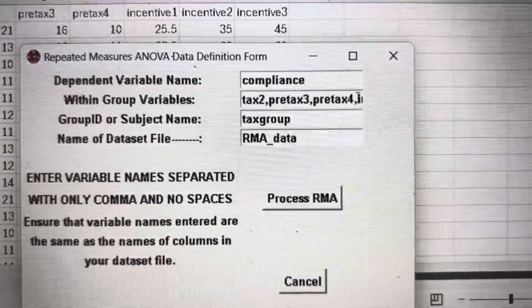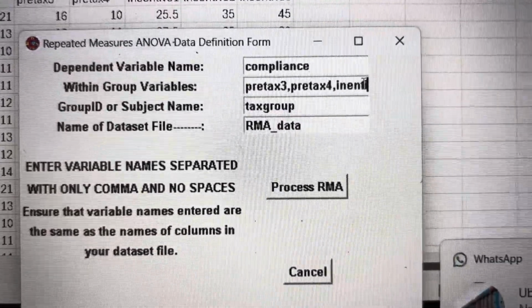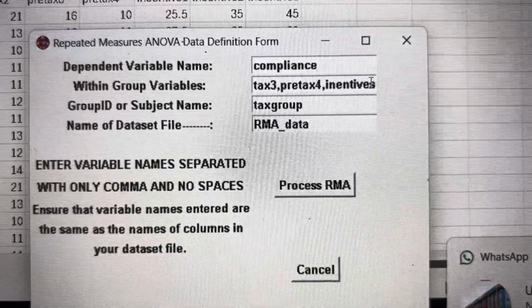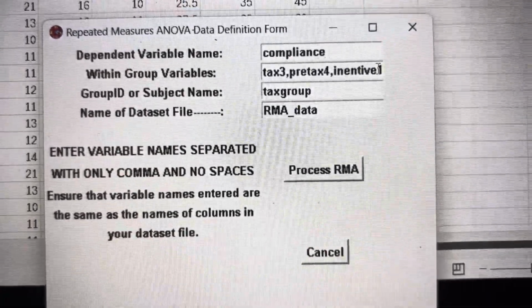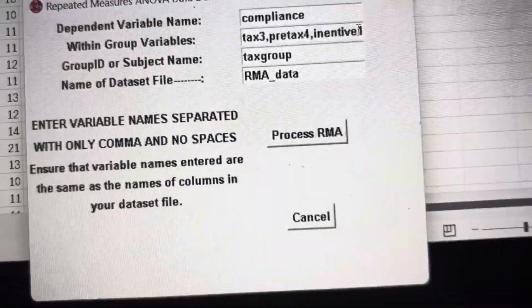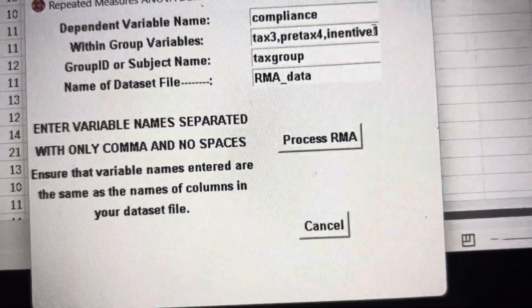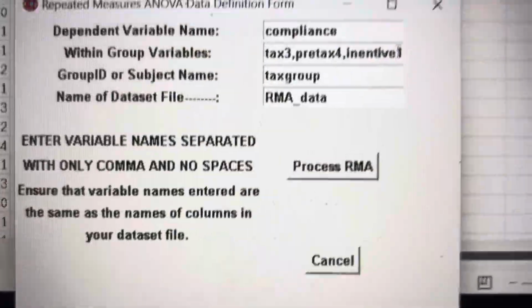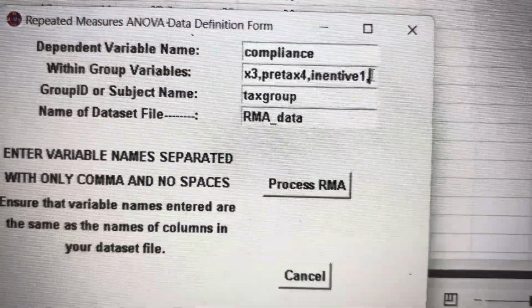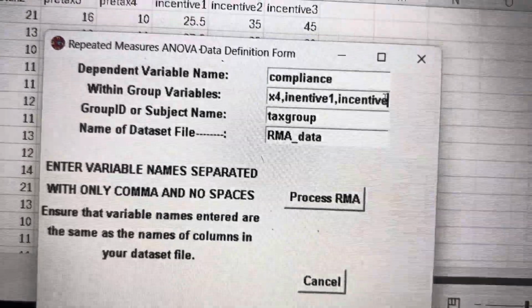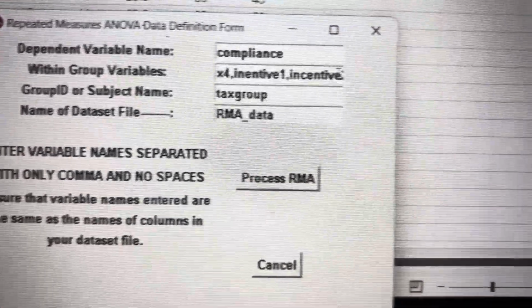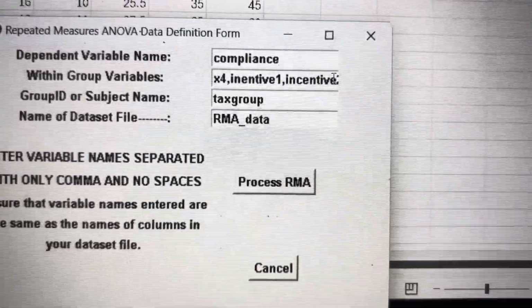Now let's go back to the incentives, that within group variable, and complete it. We have incentives. Incentive 1, yeah, I think that is correct. Incentive 2, that is also correct.